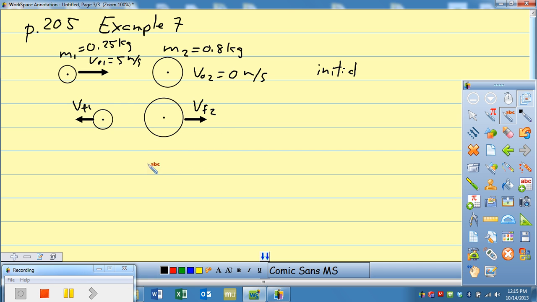So we're going to end up with two equations, one for kinetic energy and one for momentum.